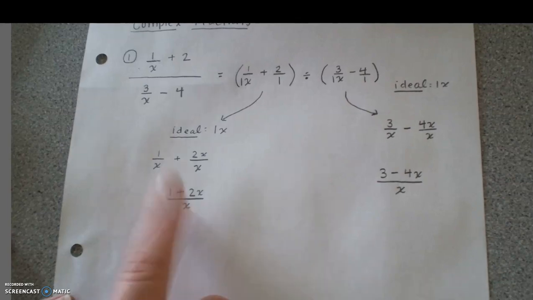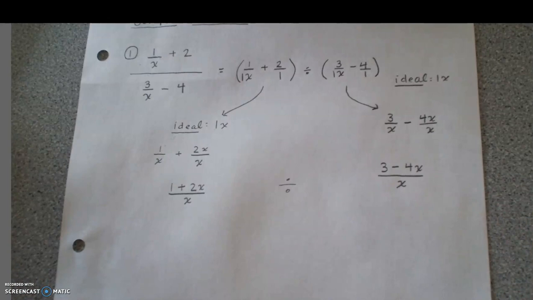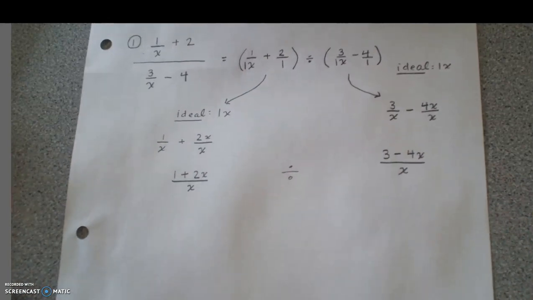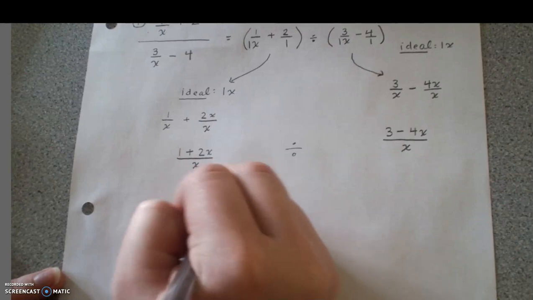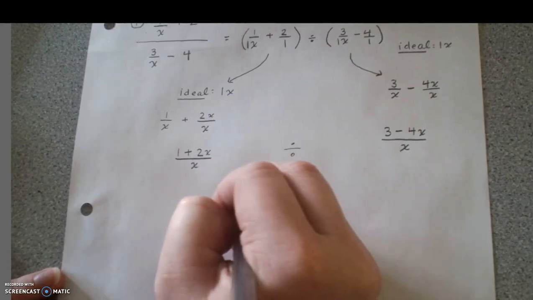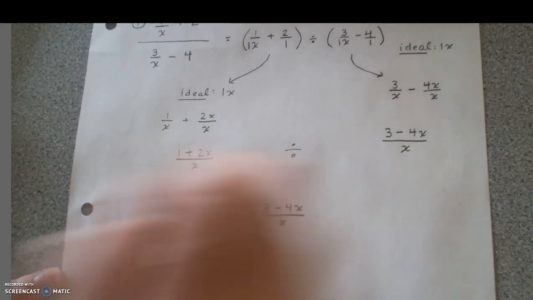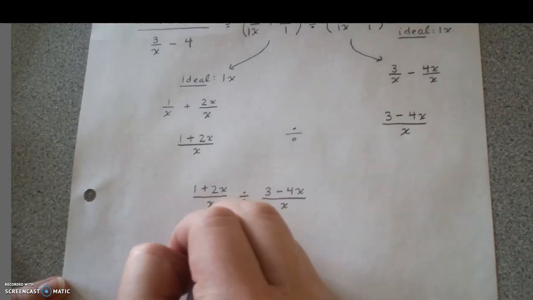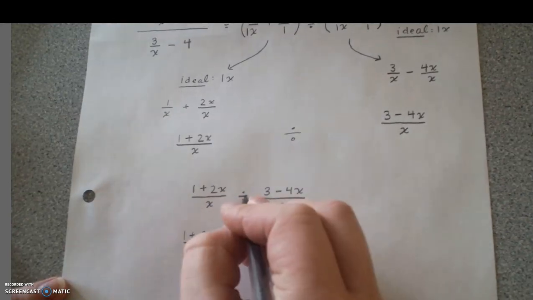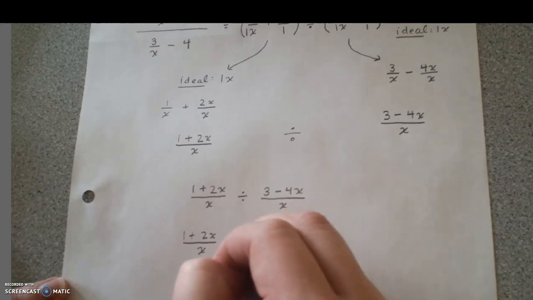And now what we have is left side divided by right side. So now we can finally put them back together. Remember that when we divide rational expressions, we just turn it into multiplication by keep, change, flip. So this one's going to keep the same, this is going to change to multiplication, and this is going to flip upside down.